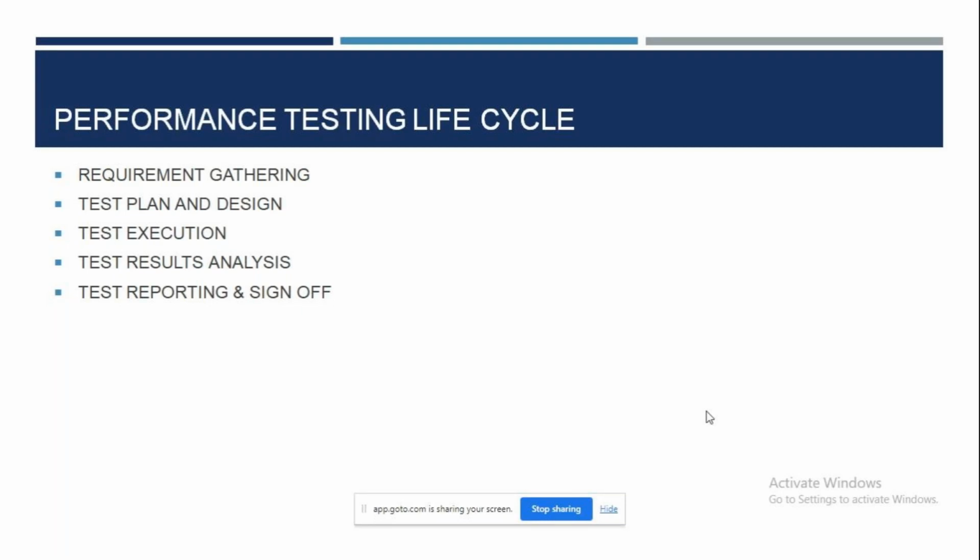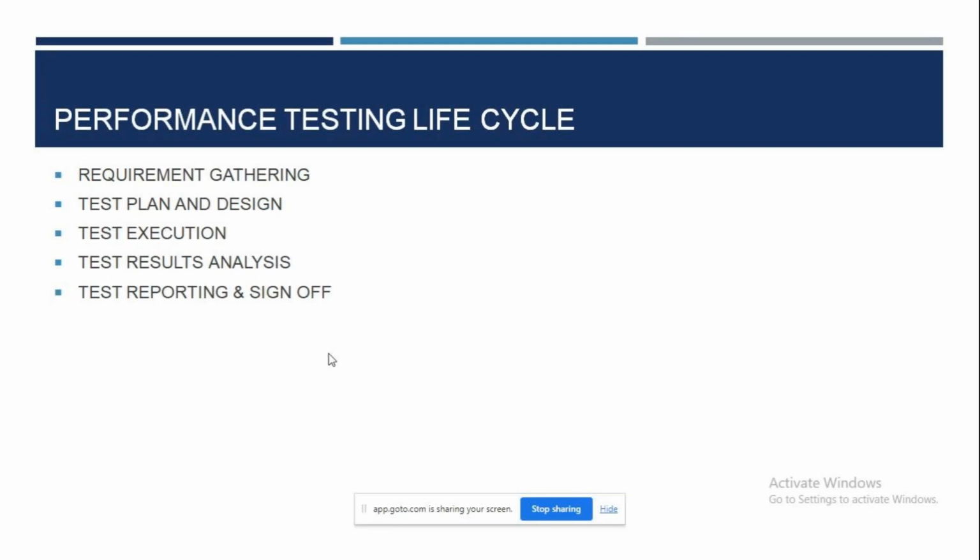There are different phases in it, and they will fit into either a waterfall model or an agile model. So you don't have to be bothered about different phases for different models of software development. The first phase is the requirement gathering phase.